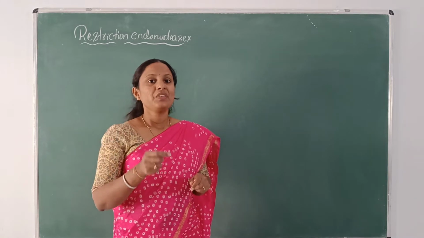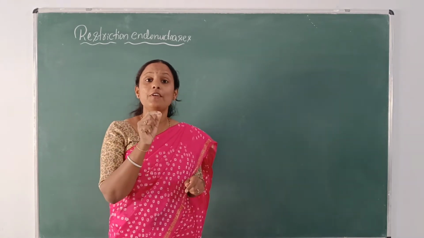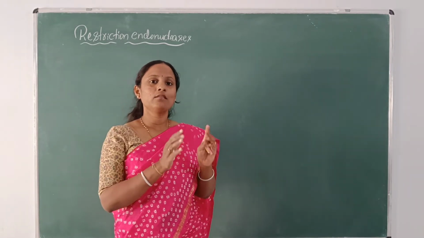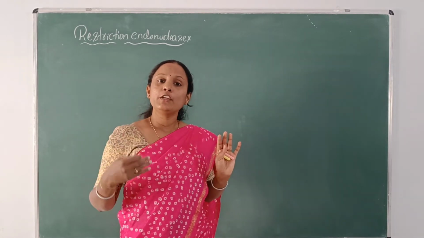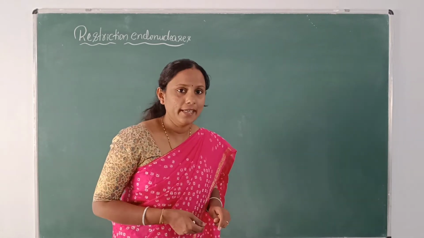Among these two, restriction endonucleases, which are capable of creating pieces of DNA by cutting the DNA at specific sites, are widely used in constructing the recombinant DNA.